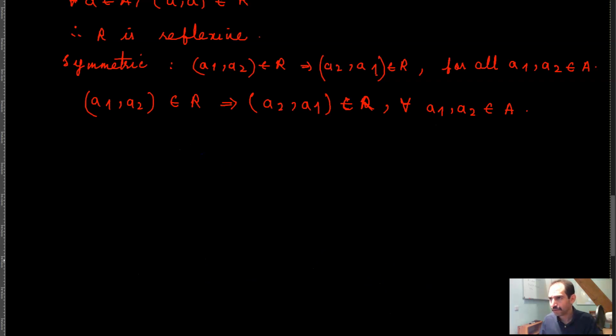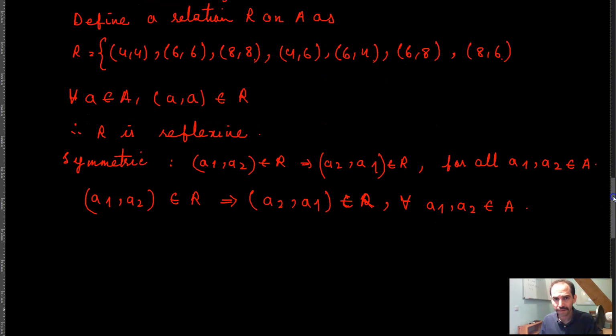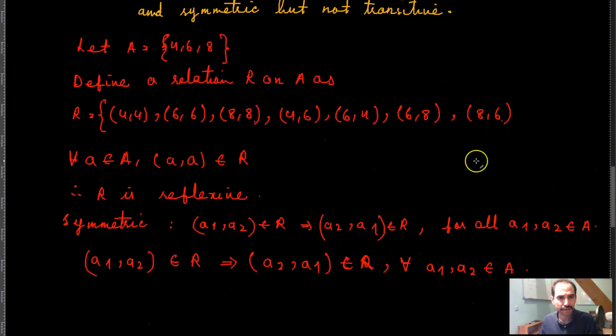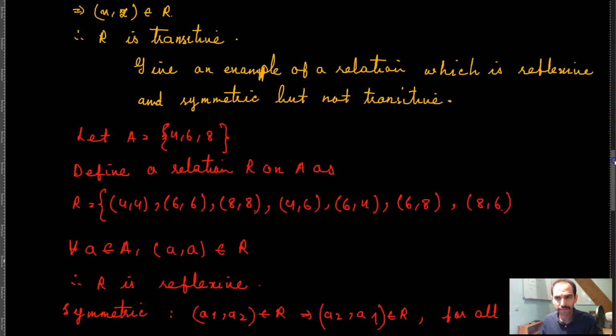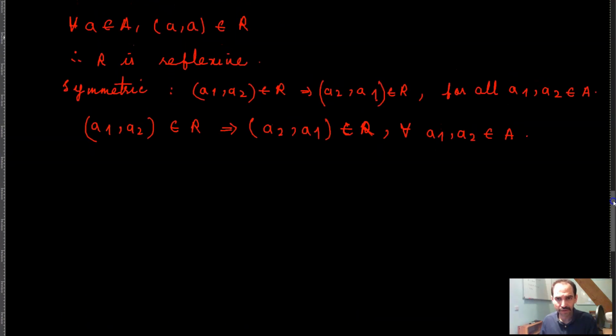The example that we had was that A was 4, 6, and 8, and we defined the relation R on A as this. And we wanted to show that this relation is symmetric, right?